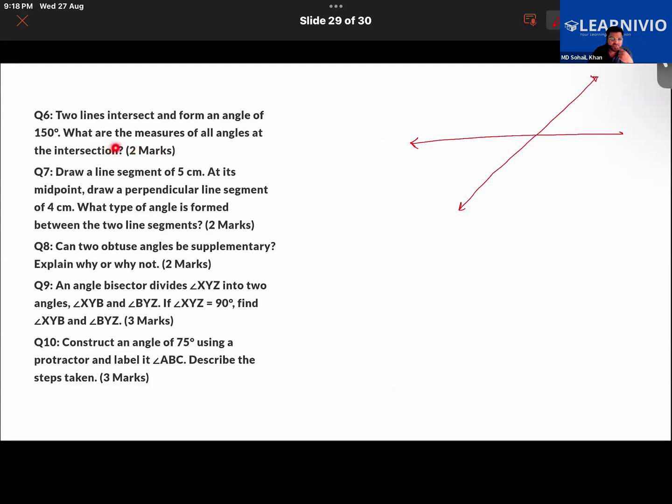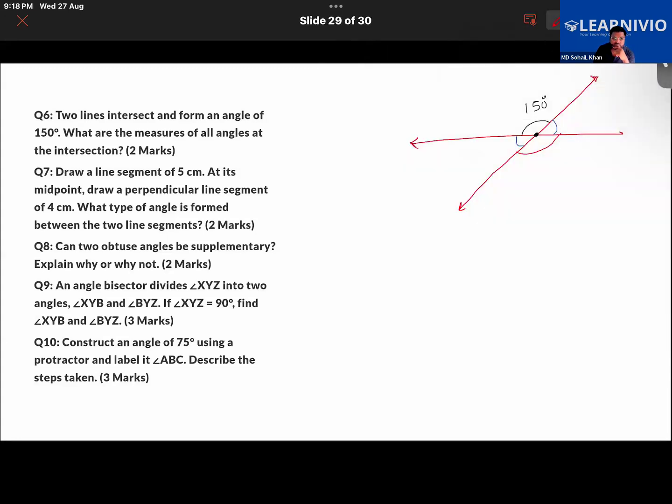It says two lines intersect and form an angle of 150 degrees. What are the measures of all angles at the intersection? At this point, if this angle is 150 degrees, what is the measurement of this angle, this angle and this angle?